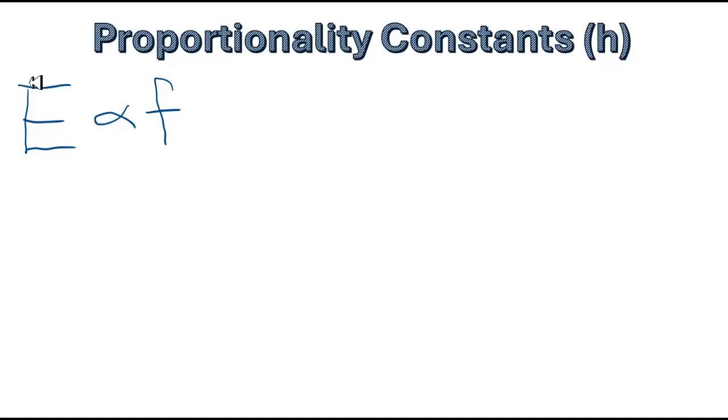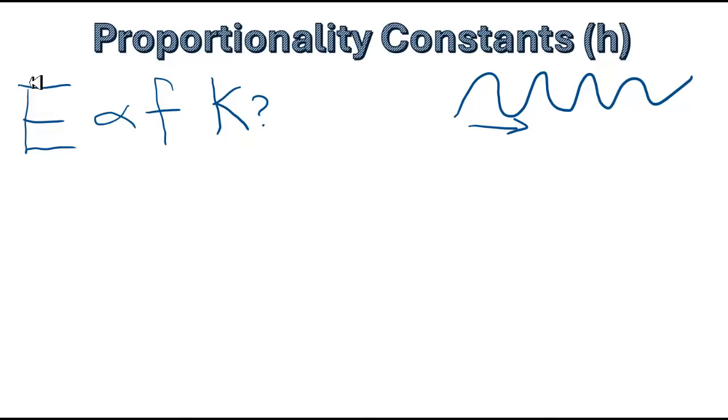Energy is proportional to the frequency of a light wave times some proportionality constant, which needs to be calibrated. We're talking about a light wave where the wavelength is from peak to peak.